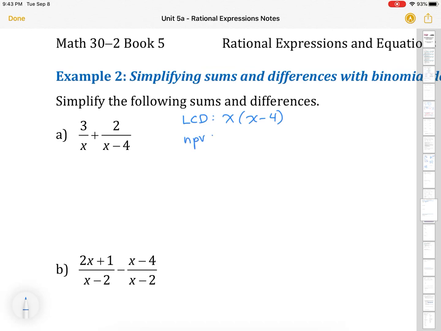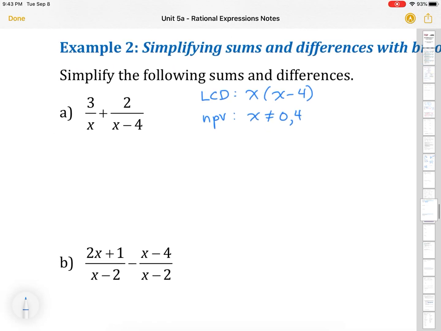And then I can figure out my NPVs. For my NPVs, x cannot equal 0 and it can't equal 4. So now I've done a big chunk of my work. Now, looking at this, my lowest common denominator is x times (x minus 4) plus x times (x minus 4).